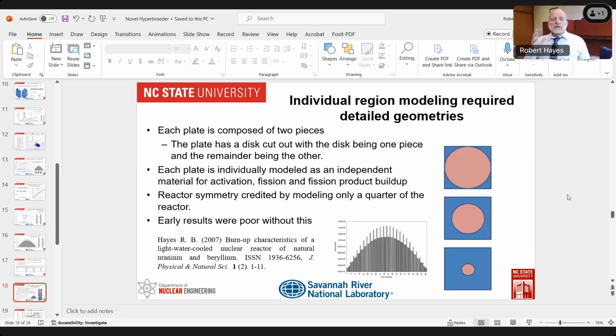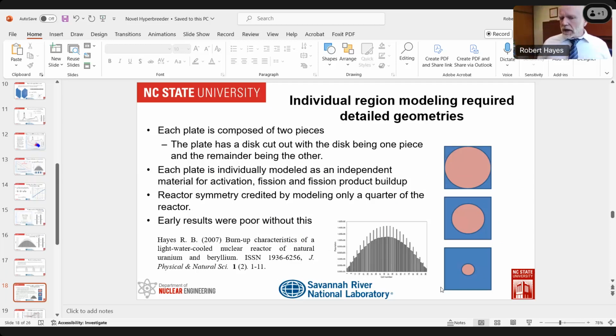Okay, so now let's remember that I was using MCNP to do these calculations, and that the flux is a cosine through the core. Now, if you use MCNP, every time you do a burn-up step, it homogenizes every cell. So even though one of the plates will clearly have a cosine distribution, meaning there's a lot more fission in the center than there is out in the corners, MCNP will homogenize that.